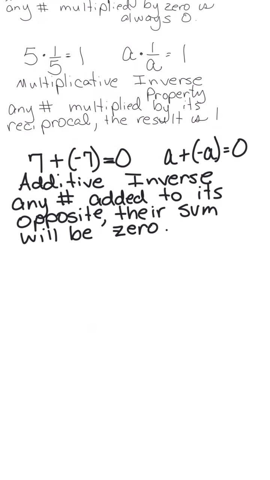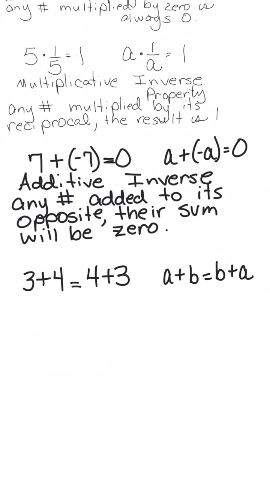The commutative property says if I have numbers 3 and 4 and I add them together, then they are also equal to 4 plus 3. So it doesn't matter what two addends I'm adding together. I can say any number added to another number is always going to be equal to that number plus the first number.